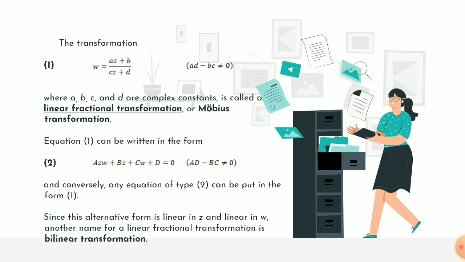Equation 1 can be written in the form AZW + BZ + CW + D = 0. And conversely, any equation of type 2 can be put in the form 1. Since this alternative form is linear in Z and linear in W, another name for a linear fractional transformation is bilinear transformation.